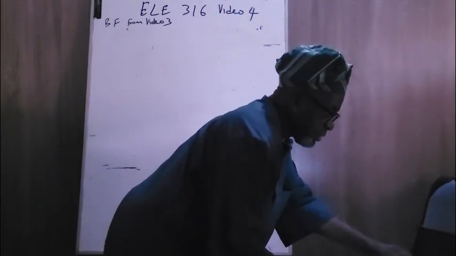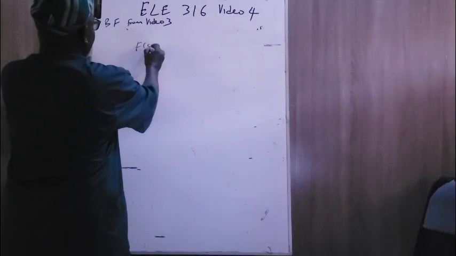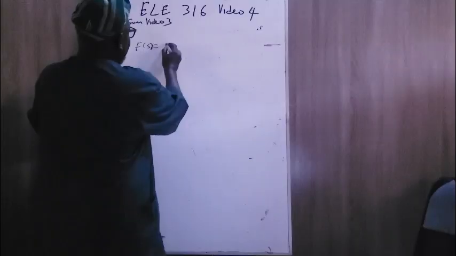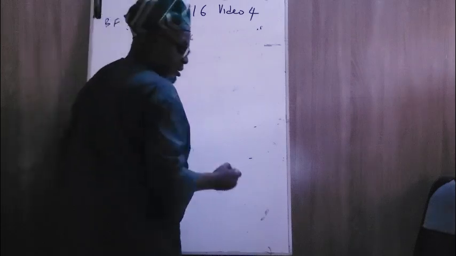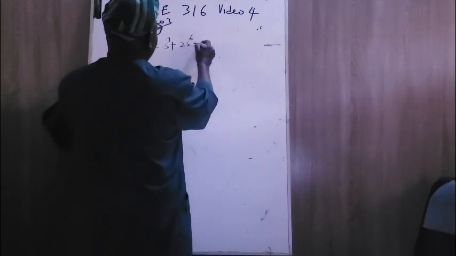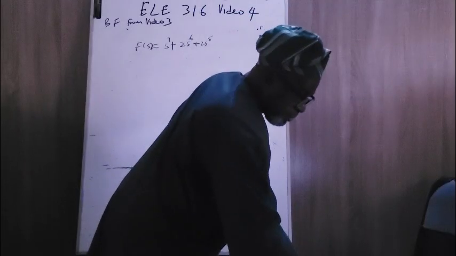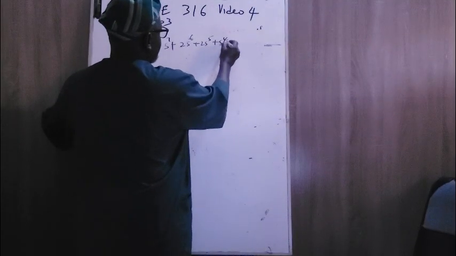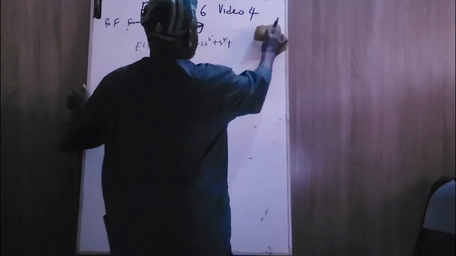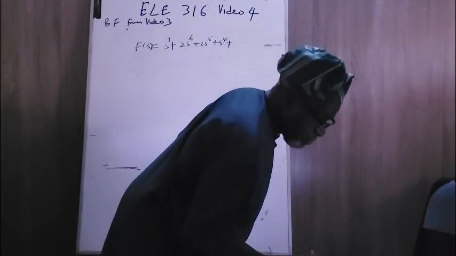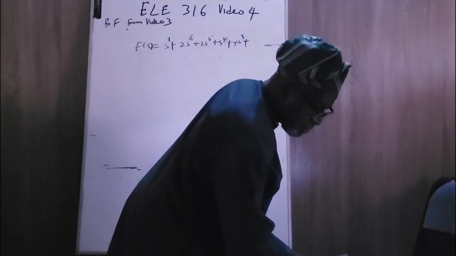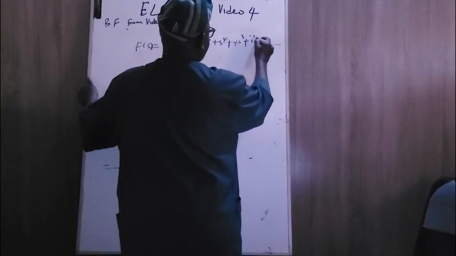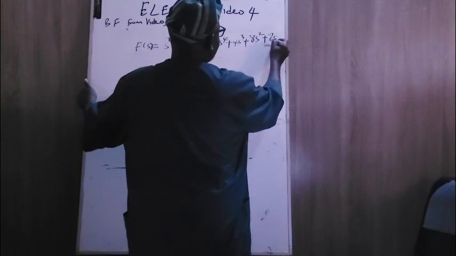In example 10.2, we are given that f of s equals s^7 plus 2s^6 plus 2s^5 plus s^4 plus 4s^3 plus 8s^2 plus 8s plus 4.